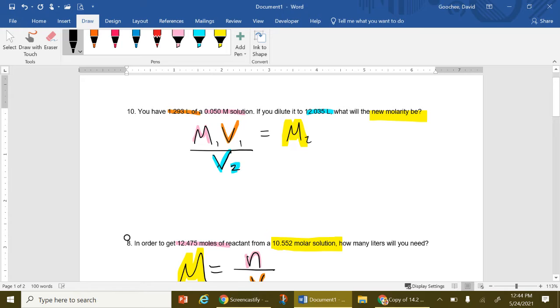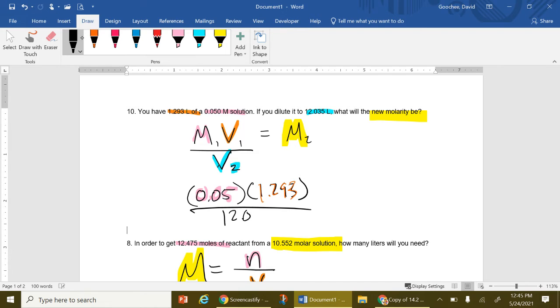So here we go. The first molarity is 0.05. The initial volume is 1.293 liters, and we're dividing by the final volume, which is 12.035 liters.